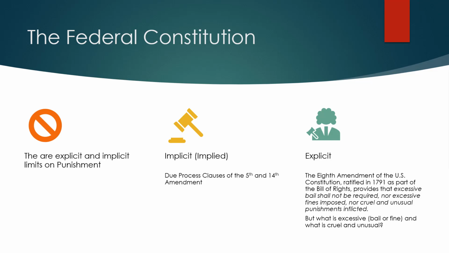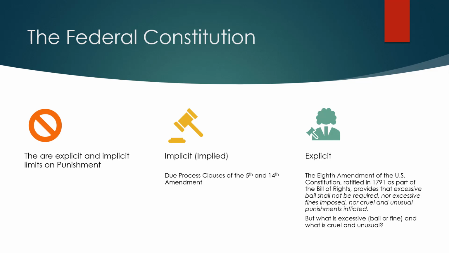If you earn $1,000 and you get a $1,000 fine, that's really excessive to you. But if you earn $1 billion, a $1,000 fine is nothing. So when does a fine become excessive? And what is cruel and what is unusual punishment?